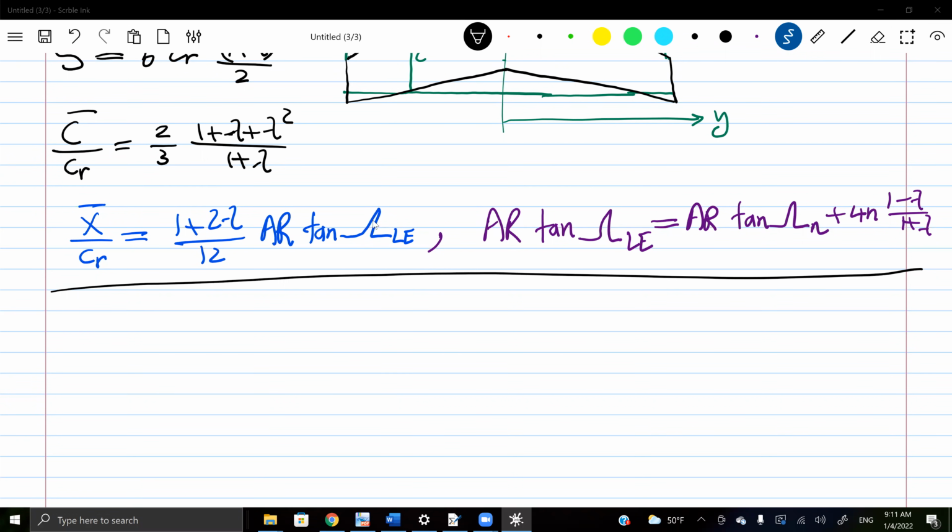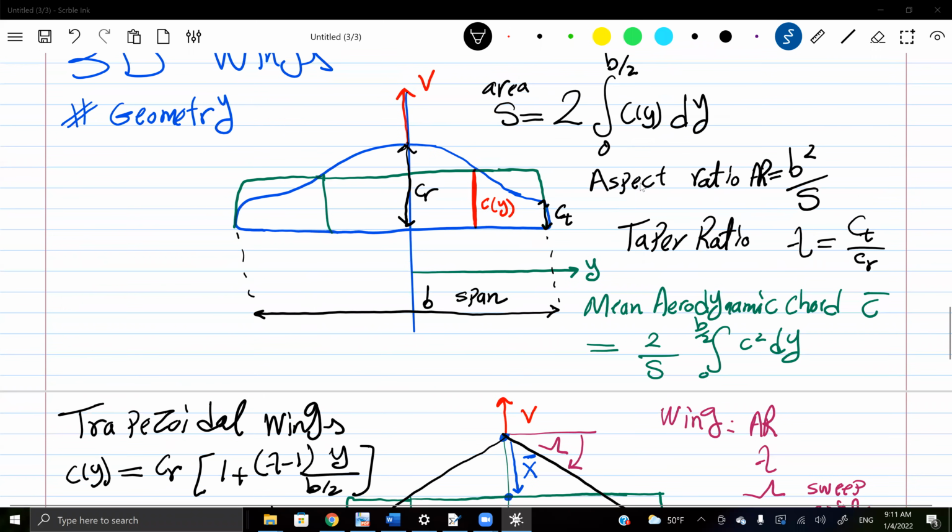All right, anyway, this funky letter is the sweep angle. AR is aspect ratio, which is b squared over S. In general, if it's a rectangular wing, it's simply the width divided by the length, b over c. But this is the general definition, b squared over S, so the span squared over area.